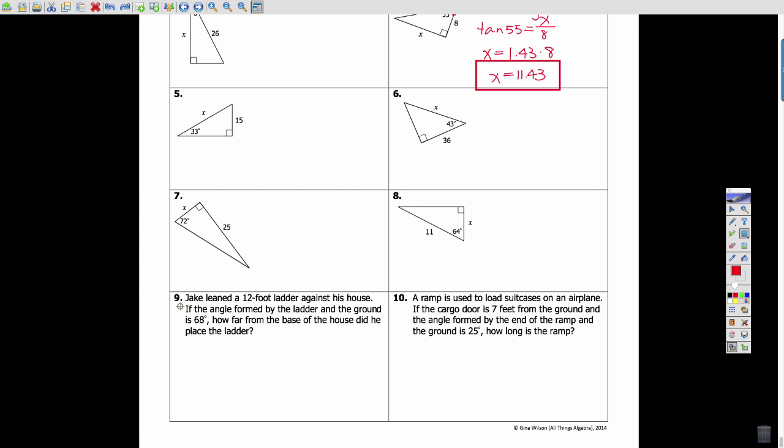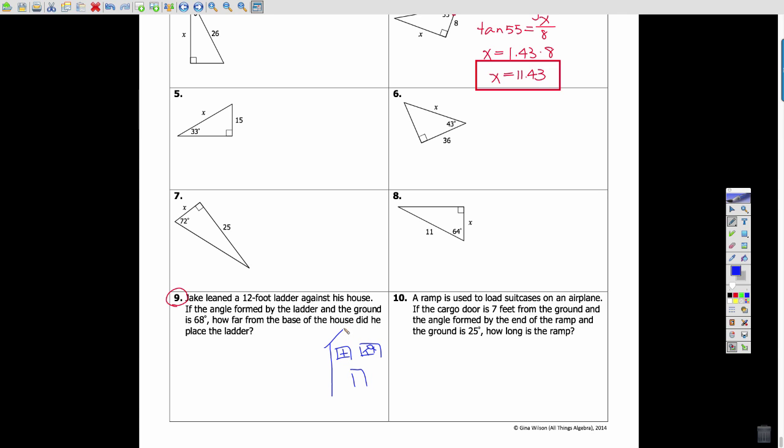Let's look at a real-world application problem here. It says Jake leaned a 12-foot ladder against his house. So if you have a house here, it has some windows, maybe this is your bedroom, and then this is the door.